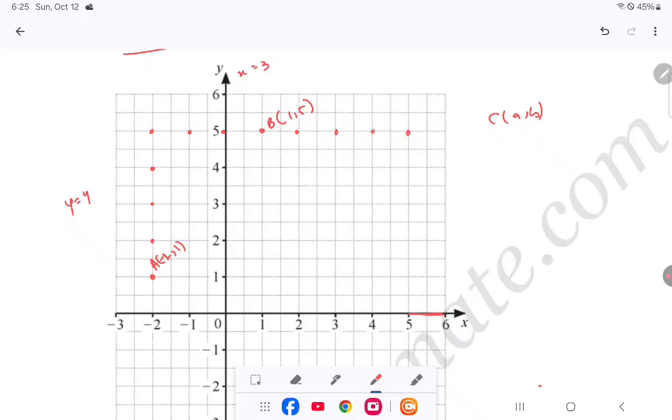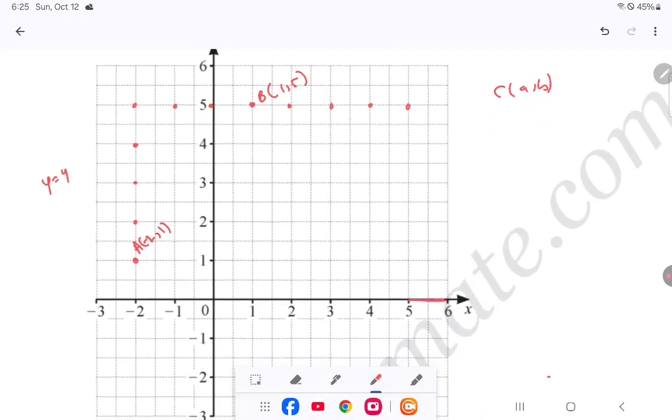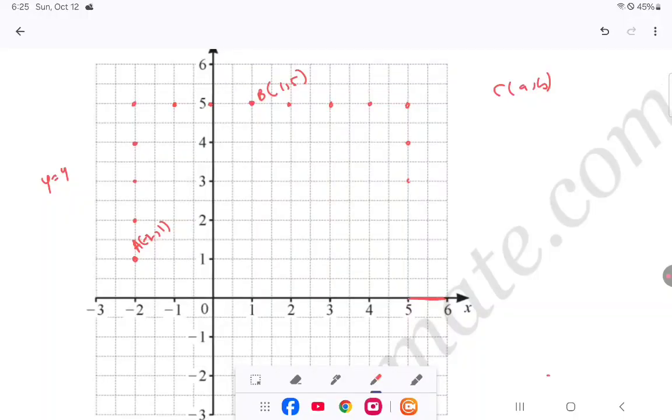Now for the y-axis, calculate 3 units. 1, 2, 3. So C point becomes 5, 2. This is the point C.